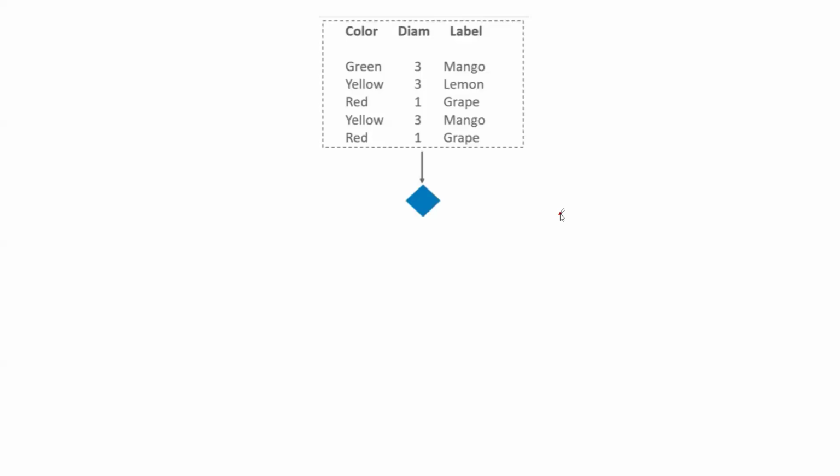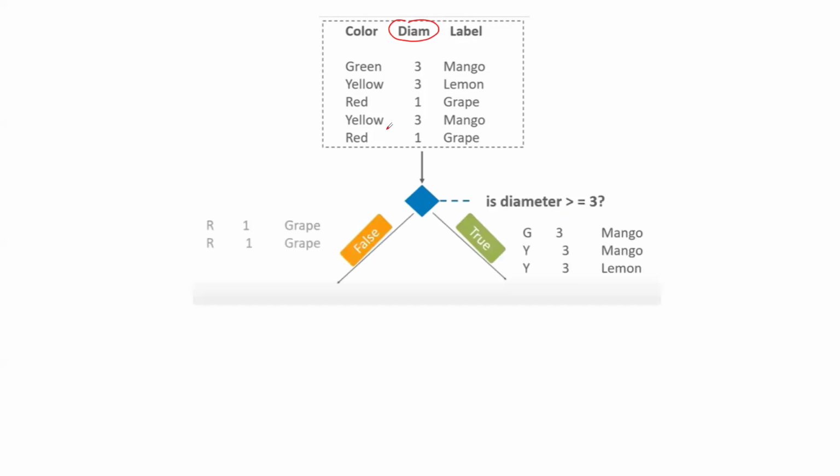First we'll take the diameter as the root node. For that diameter, what will happen if my diameter is greater than or equal to 3? If it is true, what are the data that come under that category? Or if it is false, what are the data that come under the false category?